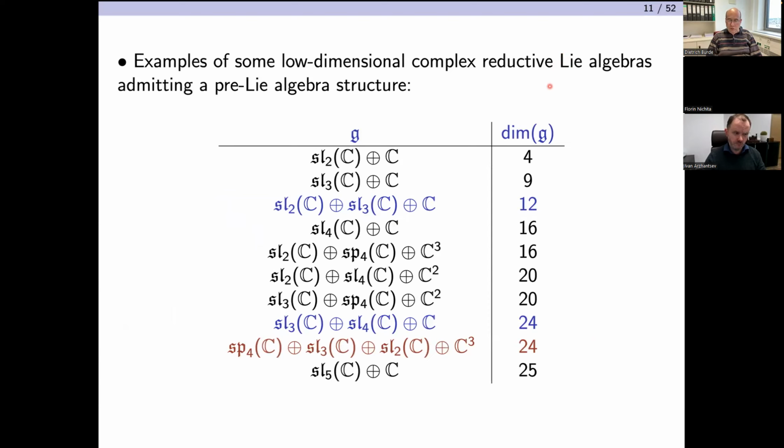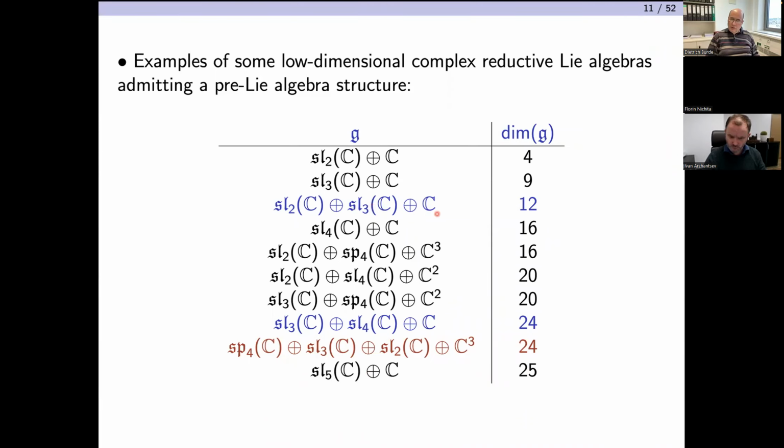It looks a bit long here, but the black ones are the ones which are easy. This is GL_2, this is GL_3, and so on. I decided to go up until, say, dimension 25. So this has, of course, pre-Lie structures because it's GL_5, GL_4. But the blue ones are something which is not so clear.